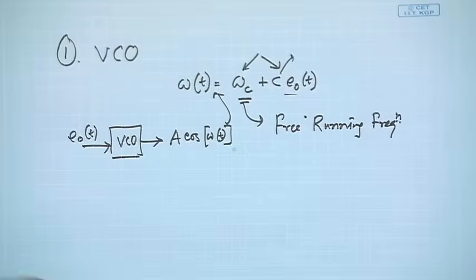That means when the error is 0, the VCO in a loop configuration will not be operating at omega c, even though the input error is 0. In a loop it will actually run at the frequency which is equivalent to the incoming frequency and phase. So, this is something you have to always consider. Once I write this equation, you will be thinking that if I put E0 t equal to 0, it will always be running at omega c, but that is not the case.